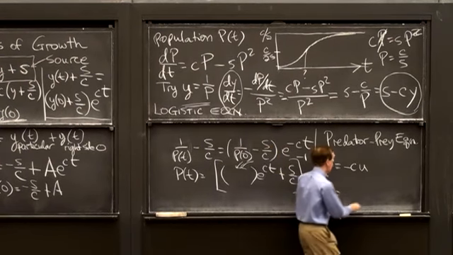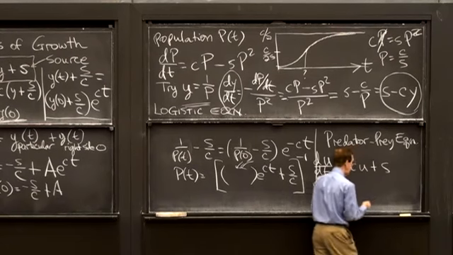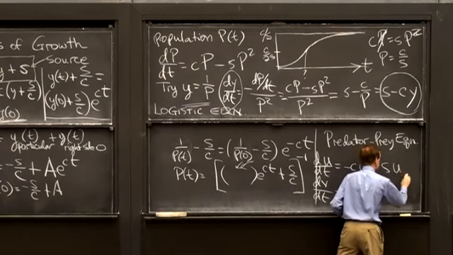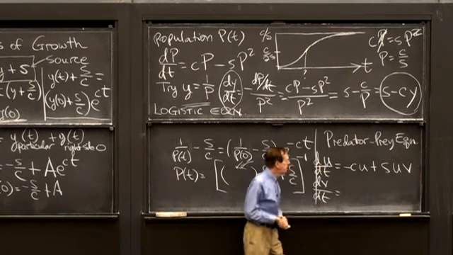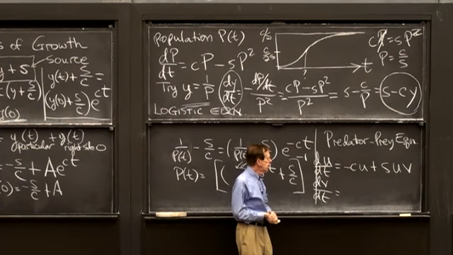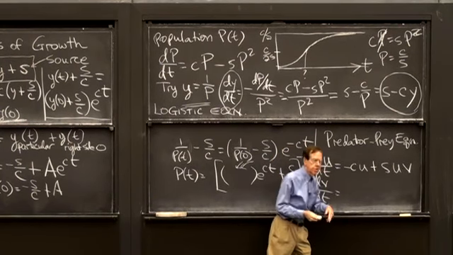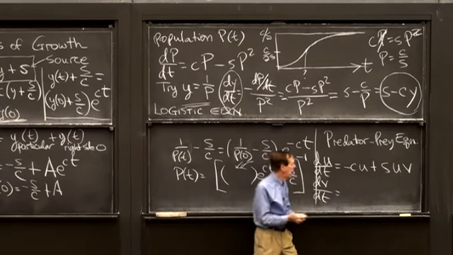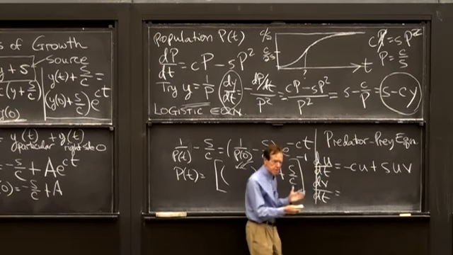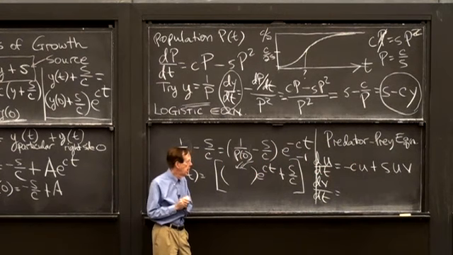But when there is prey, there'll be a source term proportional to U and V. The more predators there are, they're all eating away, and the more prey there is, the more they're eating.